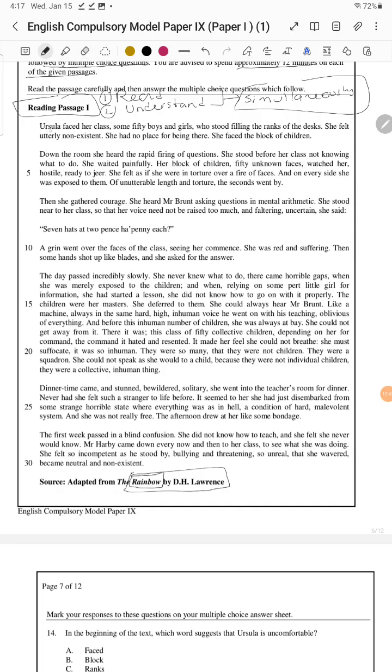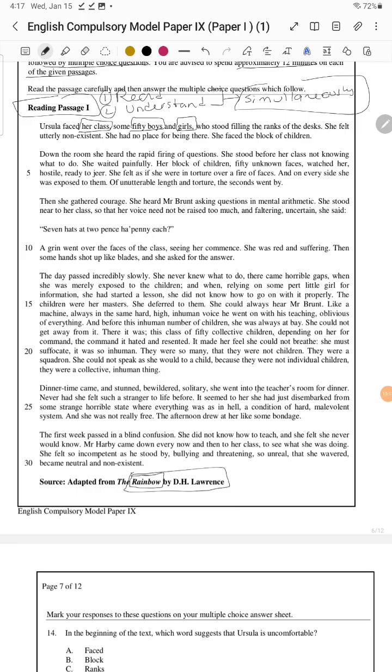So let's read this. Ursula faced her class, some 50 boys and girls. You have to underline or highlight the keywords at the same time. Ursula is someone who faced her class. She's a girl. Some 50 boys and girls. So 50 is our keyword, and boys and girls are the highlighted text.